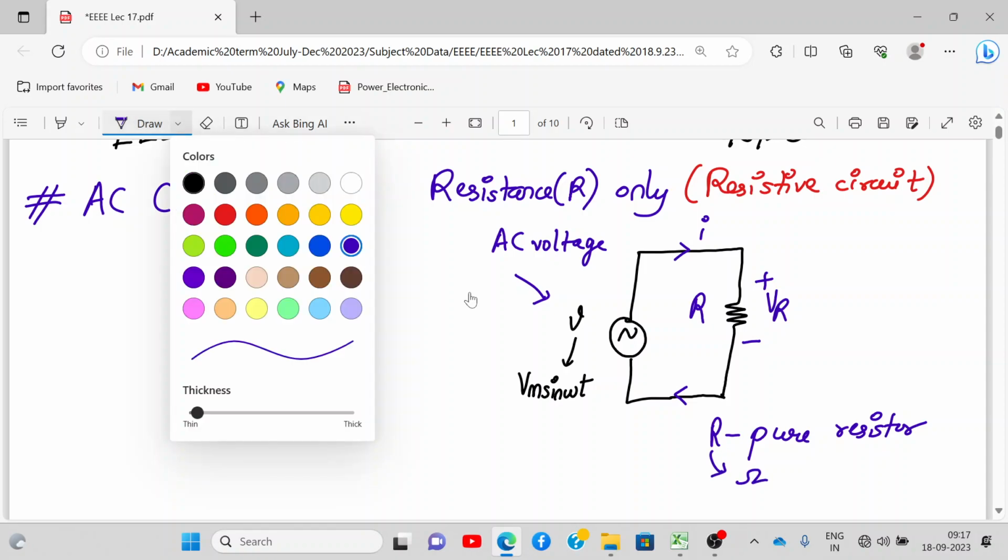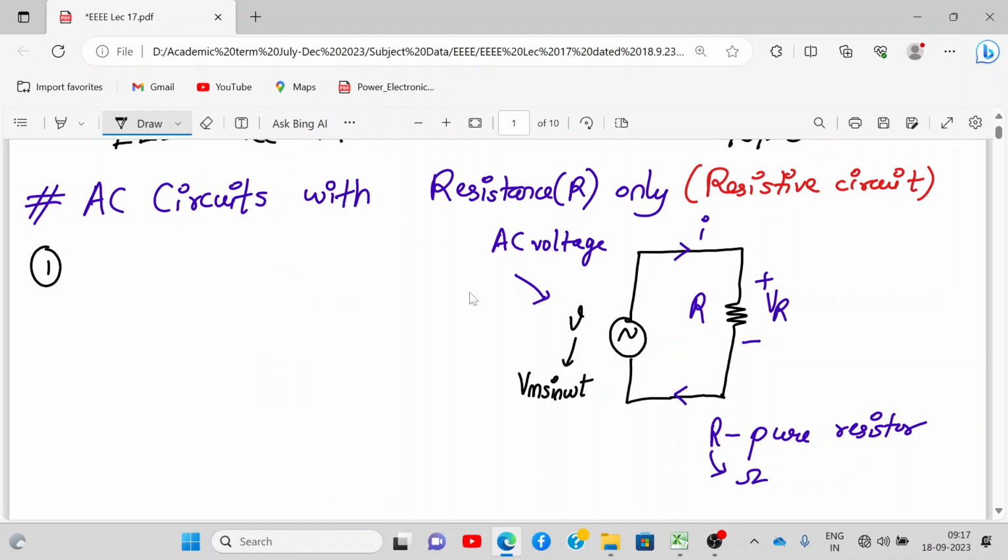Now, let's start with the point-wise form. So first of all, I apply AC voltage represented by v is equal to Vm sin omega t. If you all are writing, write along with me. Let's call this equation number A, because I might not give you time to write. So write along.